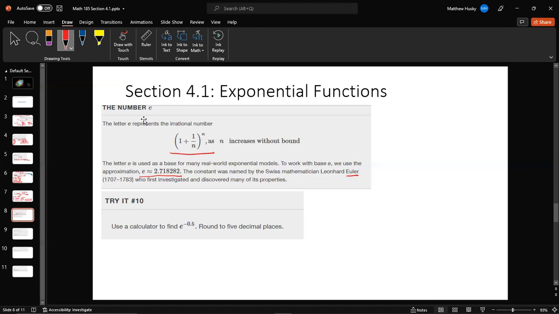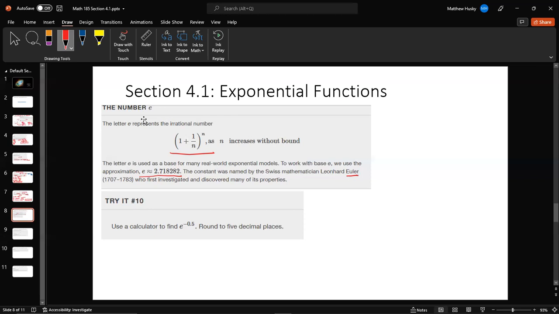And so you've got this push and pull in opposite directions here. And it turns out that eventually they sort of balance out and cancel each other out. And if you make the value of n big enough, then you're going to get a number that's roughly 2.7, specifically E, 2.718281828.